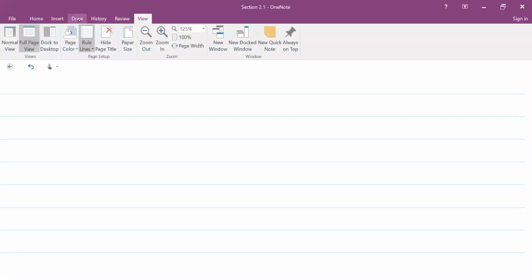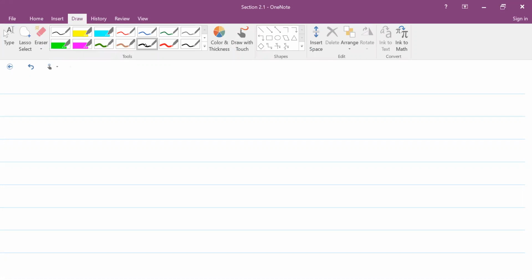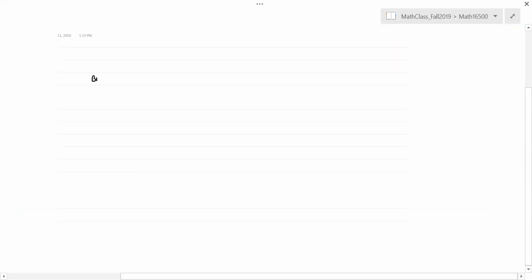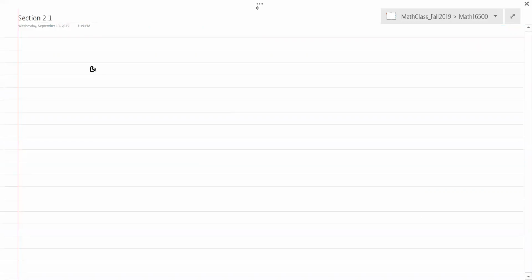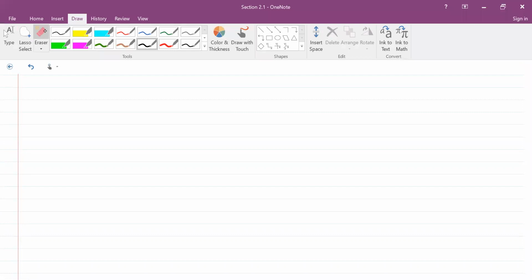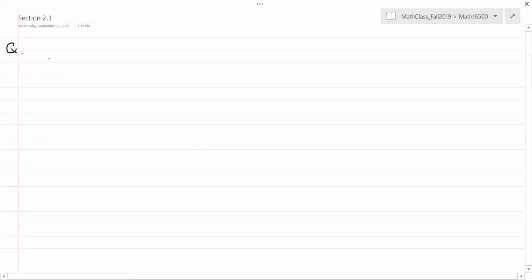So this is a problem from section 1.8. Okay, here's a question. The question says to use the intermediate value theorem to show that there is a root of the equation in the given interval.